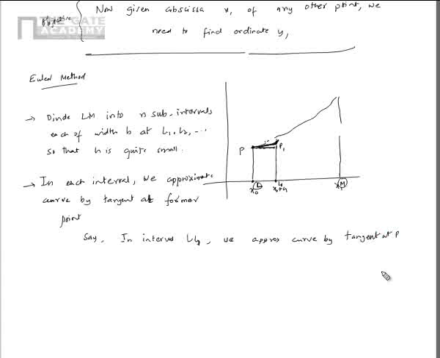The vertical line through L1, passing through x naught plus h, will meet this tangent at P1. That is the point x naught plus h, y1.